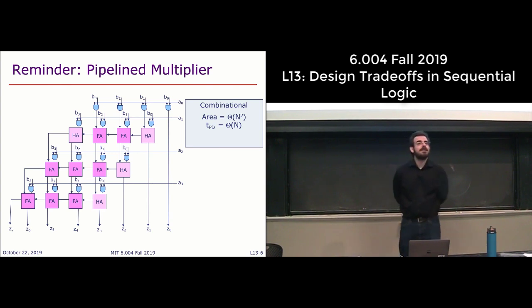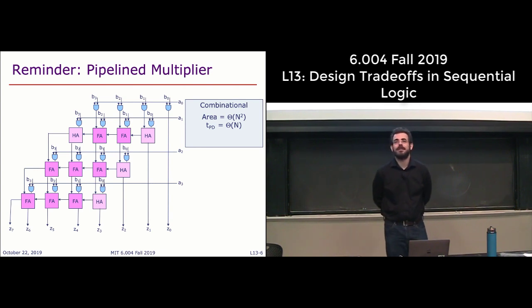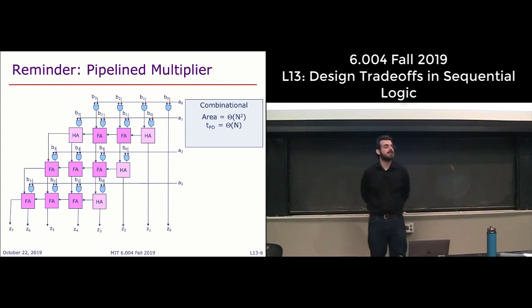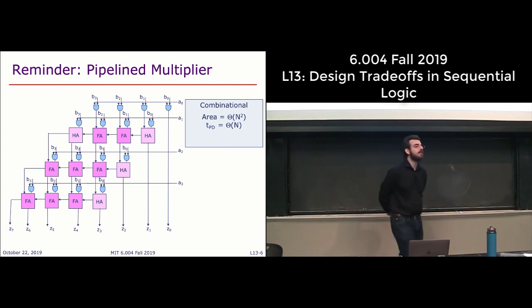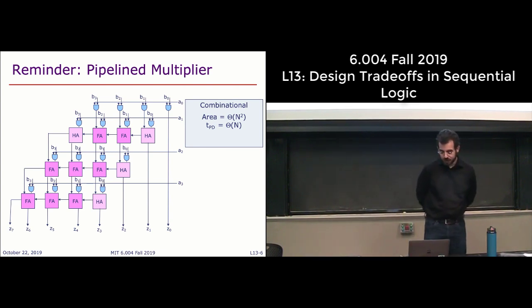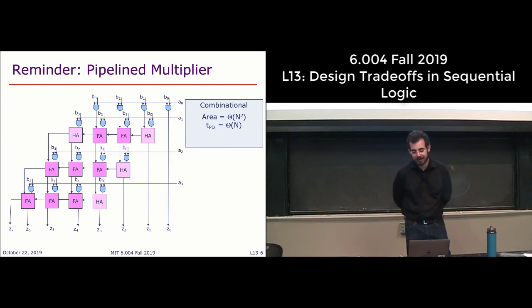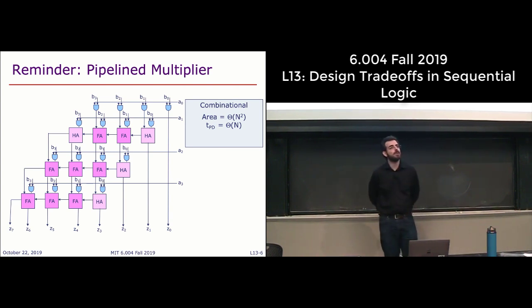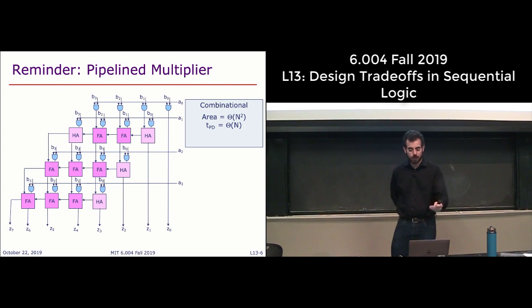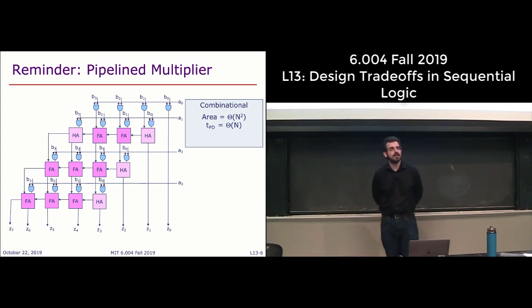So now, for a combinational circuit, what is the latency? Remember, we're always interested in 2 different performance measures: latency and throughput. How long does it take, from the time that I put 2 inputs in this circuit until I get a valid and stable output?